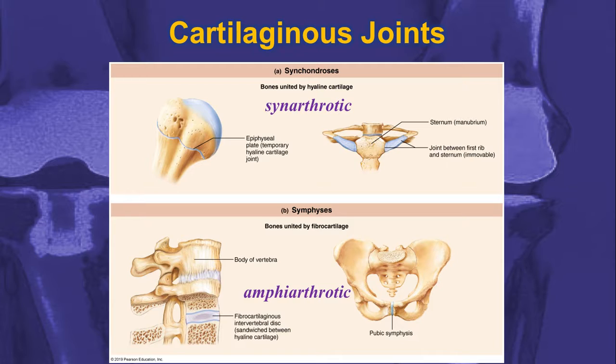When does this pubic symphysis move? I heard somebody say it, but really quietly. Childbirth, right, when you got to push something out of that opening. That opening sometimes isn't big enough, and you got to push it, okay?